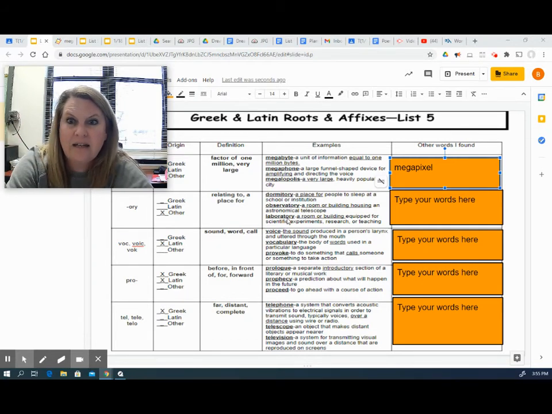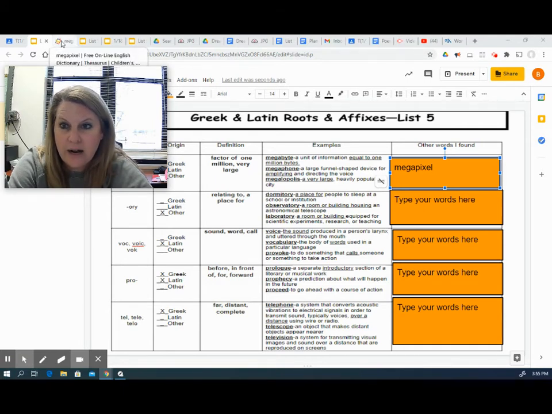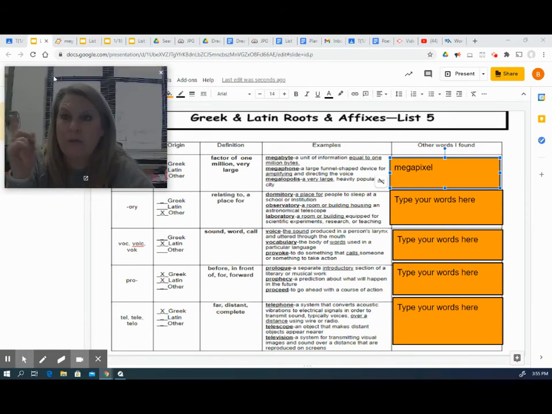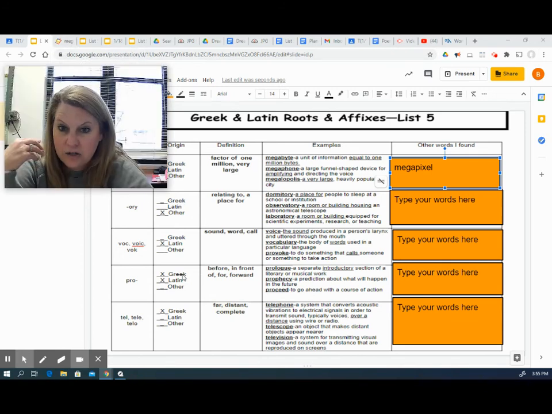So you're going to have to think to yourself, what words do I know that end with O-R-Y? And then you're going to have to go to that online dictionary and look it up. Okay? So think really hard. If it's too difficult, you can always Google words that have O-R-Y at the end of it and then go into the dictionary and search.